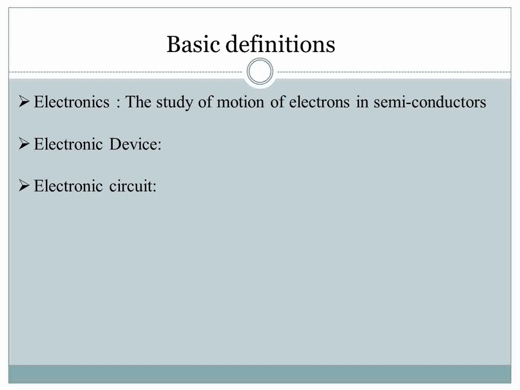So, basic definitions. In this slide we will discuss the basic definitions. What is electronics? The study of motion of electrons in the semiconductor is called electronics. It is a subject. The next definition is electronic devices.